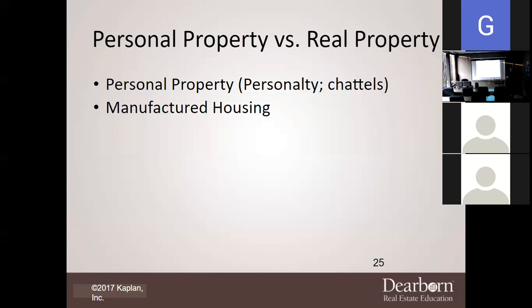Once you get it to the location, you can anchor it to the ground, remove the tires, put skirting around it and a slab under it, and you can then make it real property. That's why we talked about it. It's personal property and real property.